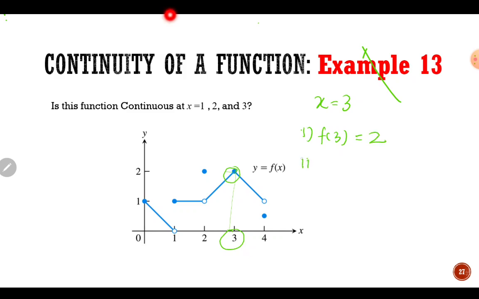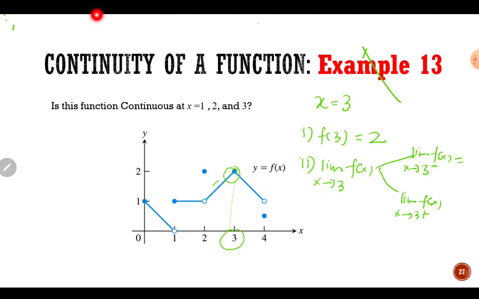Then we decide the limit of f(x) as x approaches 3. We consider both cases: the limit of f(x) as x approaches 3 from the left, and the limit of f(x) as x approaches 3 from the right. From the left, what is it equal to? It's 2.